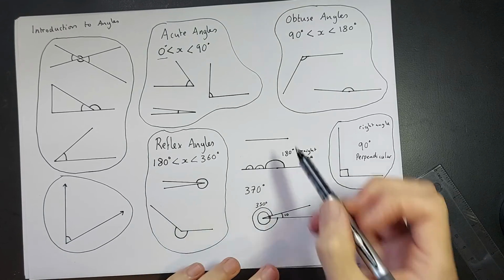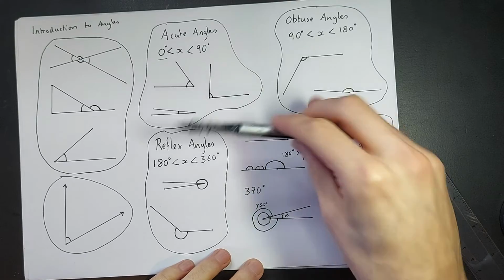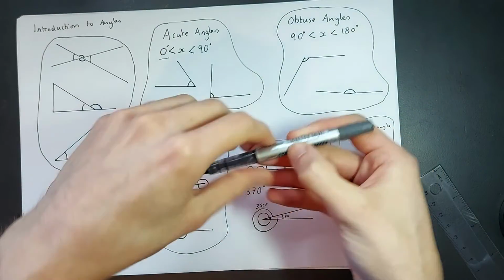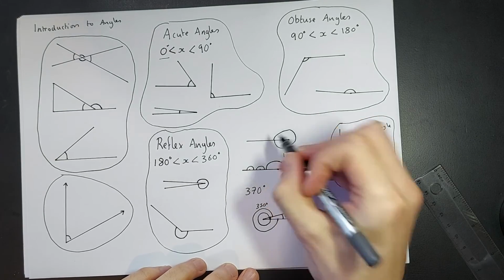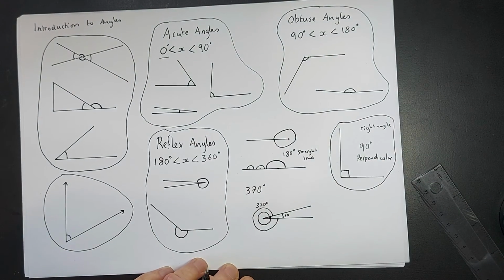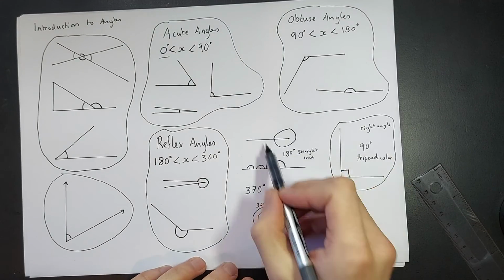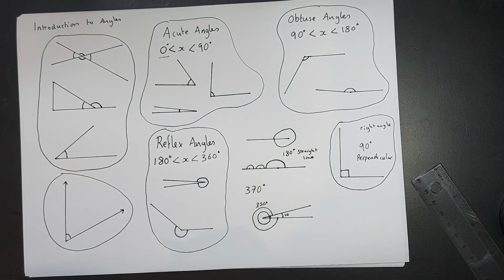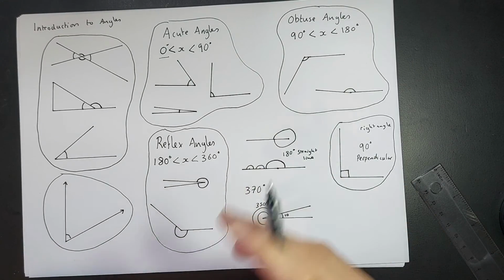If you start off facing this direction and do a 360 degree turn, you've gone all the way around, but we could also write that as a 0 degree turn. We're back to where we're facing, so it's not really useful as an angle on its own. We will use the fact that going all the way around is 360 to solve problems, but you wouldn't say that that is an angle of 360 degrees.